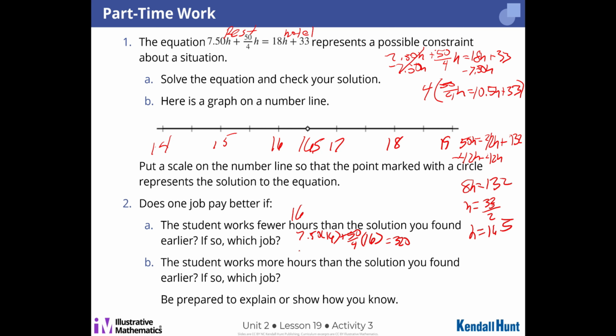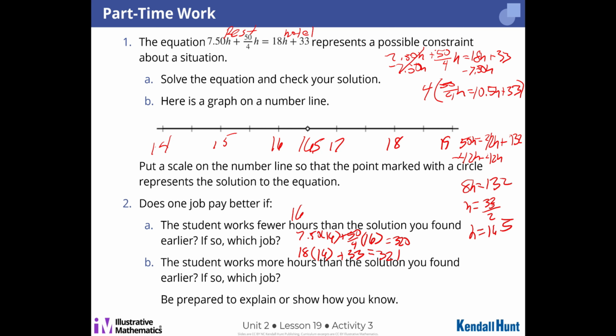So if we plug into the second equation, that'd be 18(16) plus 33. And recall that's the hotel. So let's see what they offer at 16 hours. 18(16) plus 33 gives me $321.